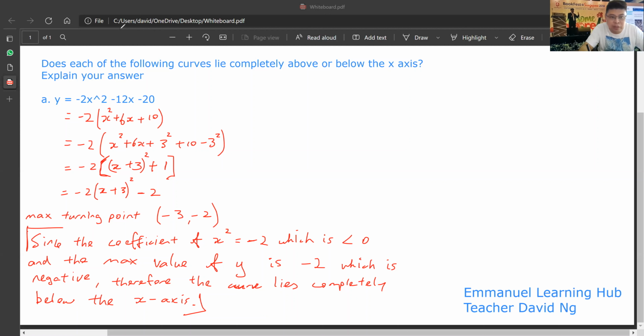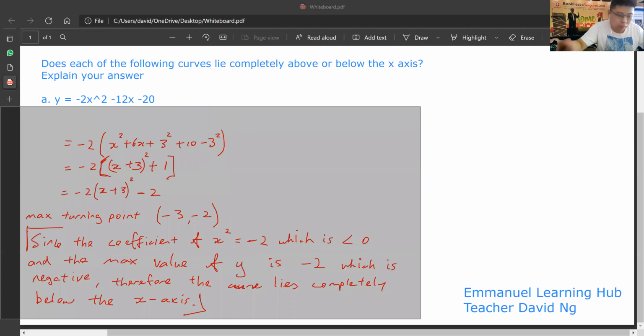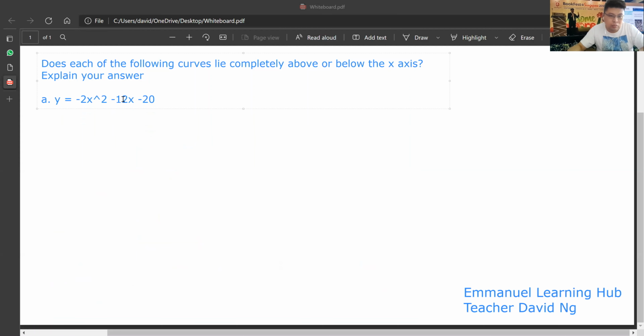Okay, then another question, involving fractions.